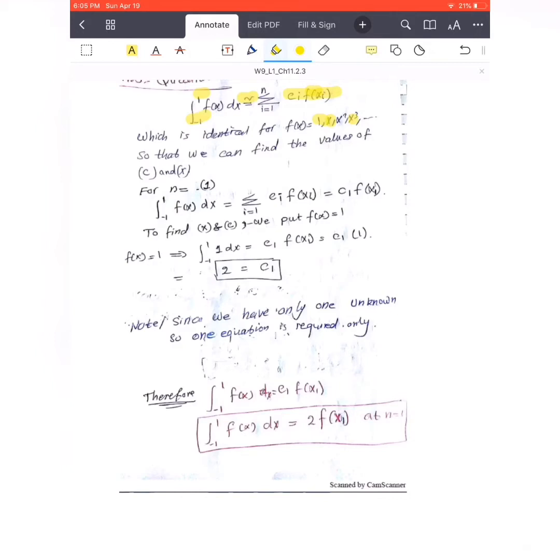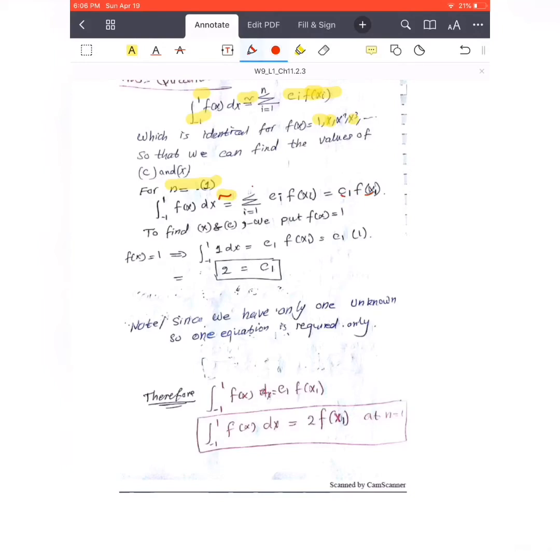So what is it here? If we start with n equal 1, it means this integration should be approximated by this one here. This is the approximation, summation with only n equal 1. So the answer is C1 f of x1. We'd like to know what x1 is.